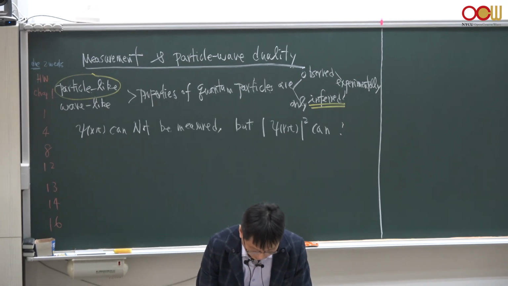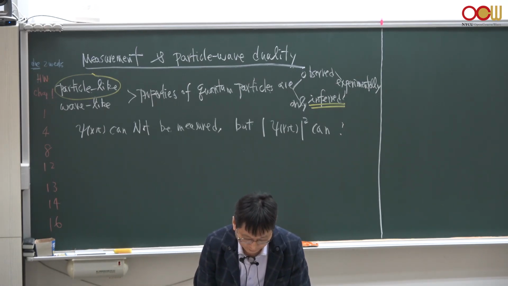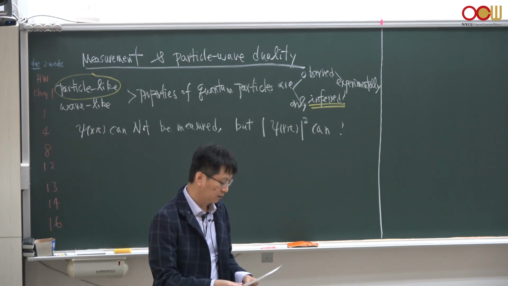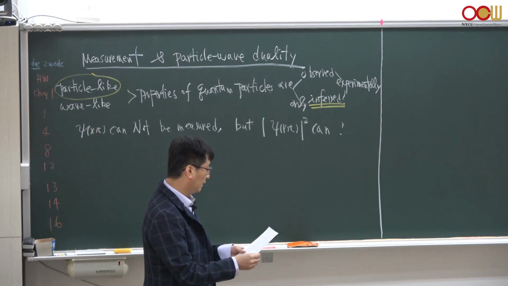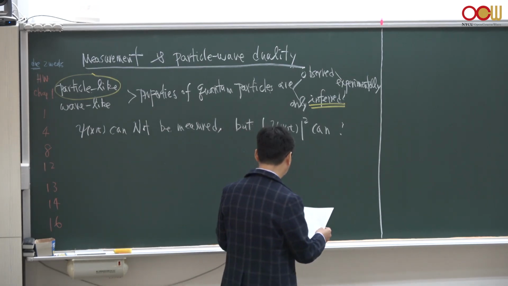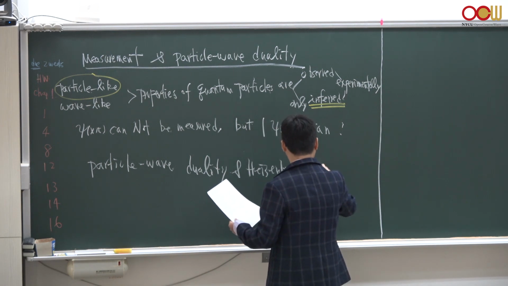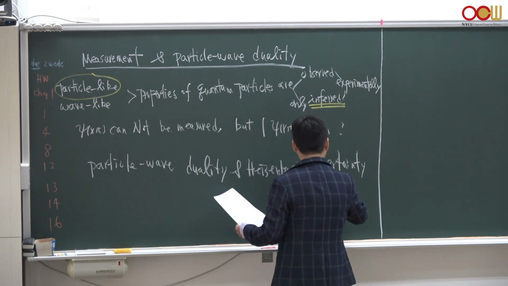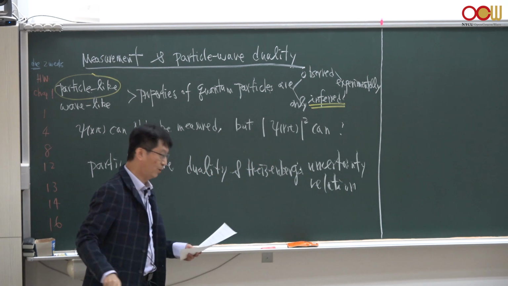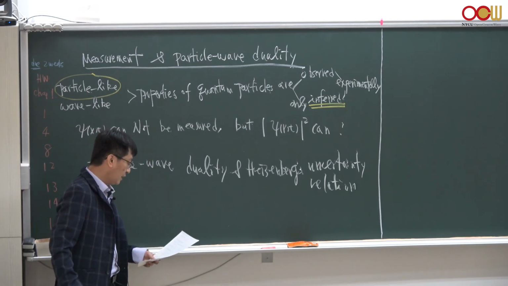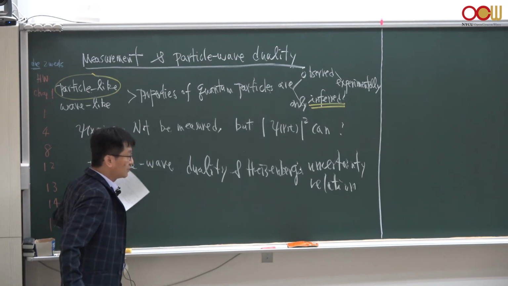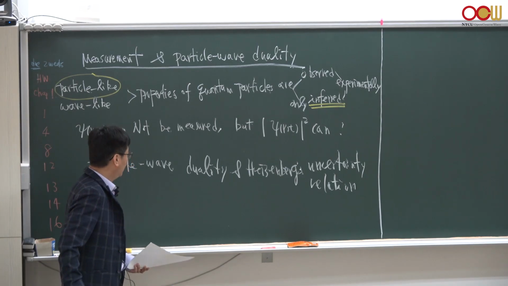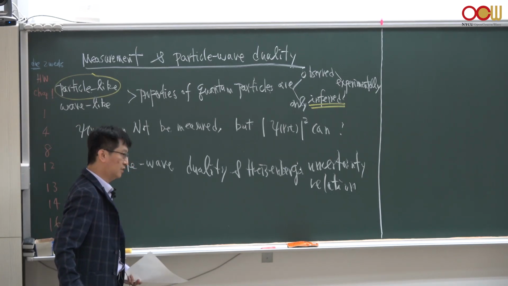So let's look at this example, a particularly important link between the particle-wave duality and the Heisenberg uncertainty relation. This is a very important point. Unfortunately, you cannot find many descriptions in the textbooks that link these two very important concepts.